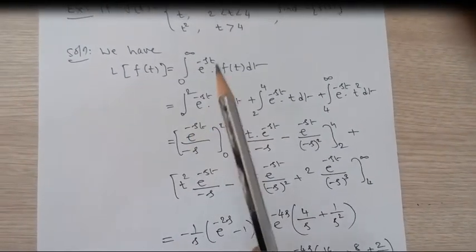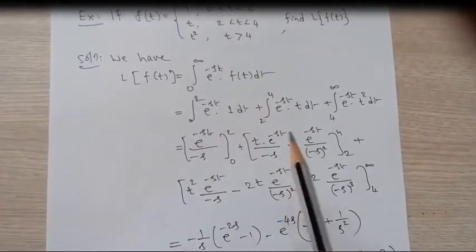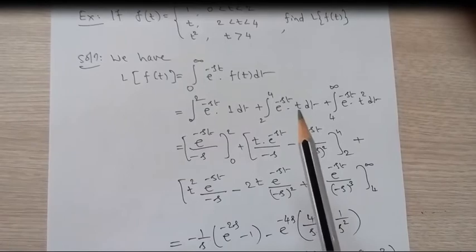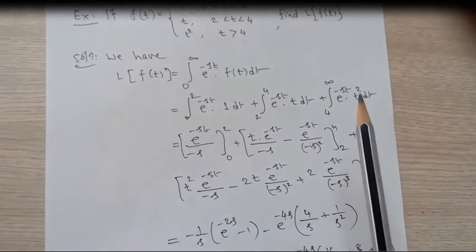In 0 to 2, f of t is 1, and in 2 to 4, f of t is t, and in 4 to infinity, f of t is t square.